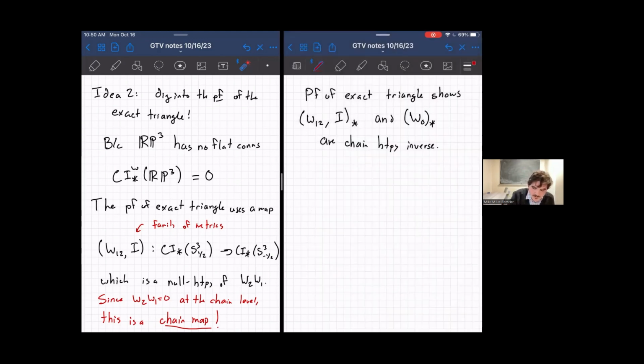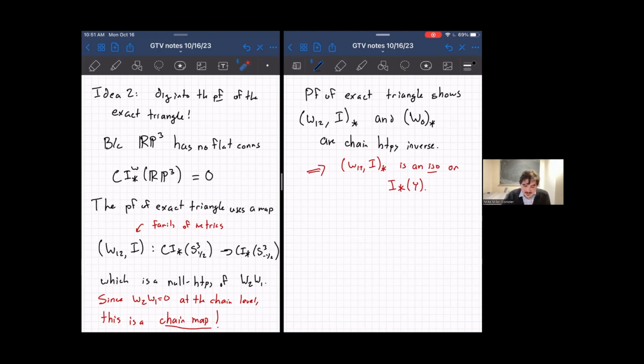So this chain map induces an isomorphism on instanton homology.